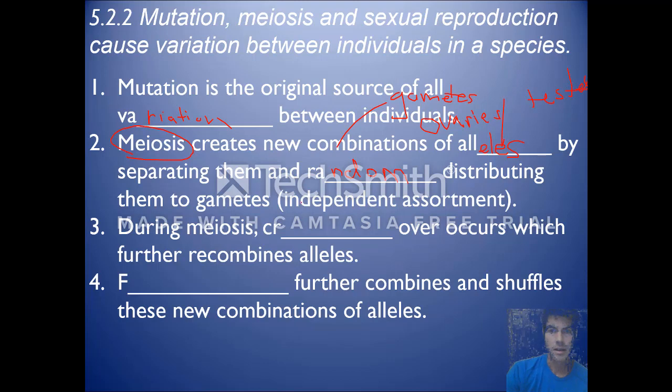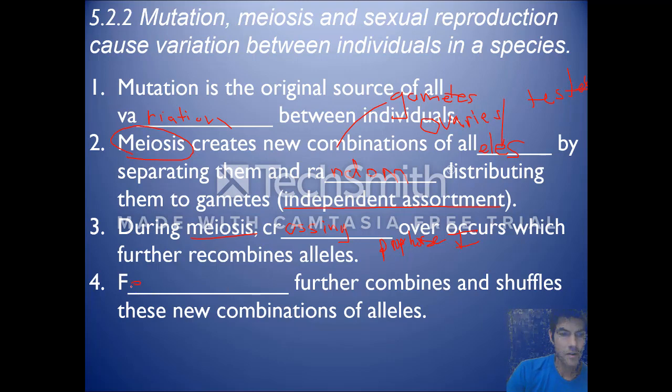For males there. And I'll show you a diagram showing independent assortment. And we've got something called crossing over. Crossing over happens in meiosis in prophase 1. We'll get into that more later, but that's something you need to know. Everything really happens in prophase 1.